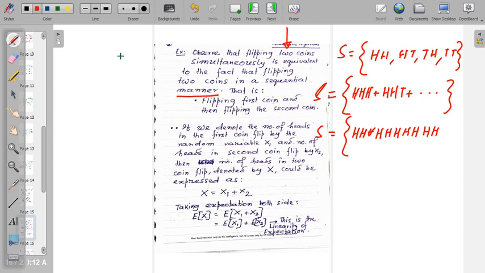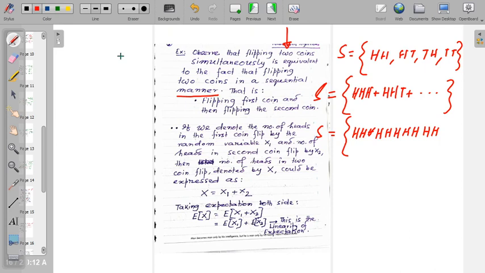But I can see that 10 coin flips in a simultaneous fashion is equivalent to flipping one coin at a time sequentially 10 times. The first coin I flip, then the second coin, then the third coin.